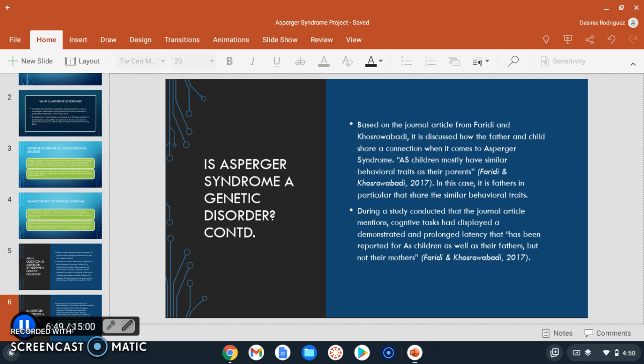Essentially what this means is that fathers and Asperger's syndrome children share the same amount of delay when it comes to completing any task that requires cognitive skills.